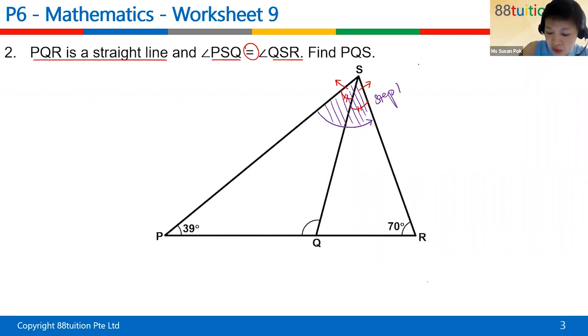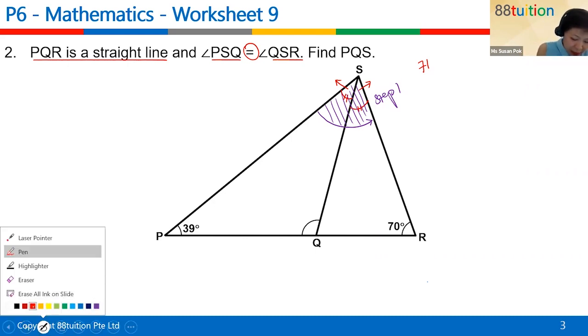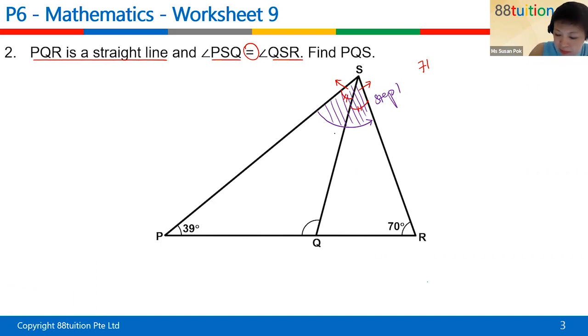So 71 is both angles for purple. Since they are equal, what can you do? 71 divided by 2. Very good. I get each angle 35.5, 35.5.